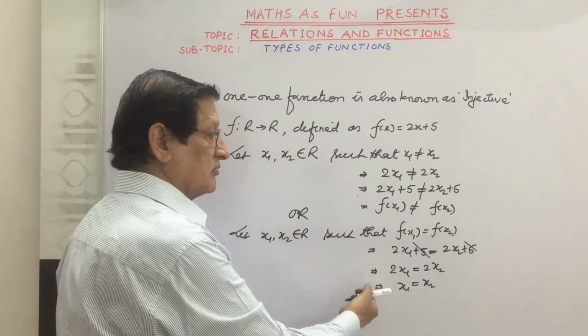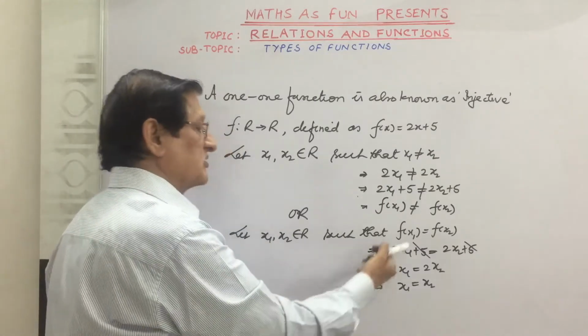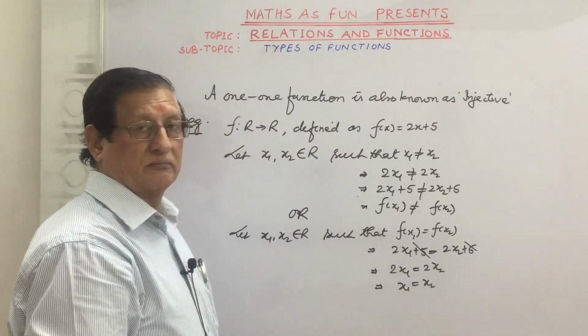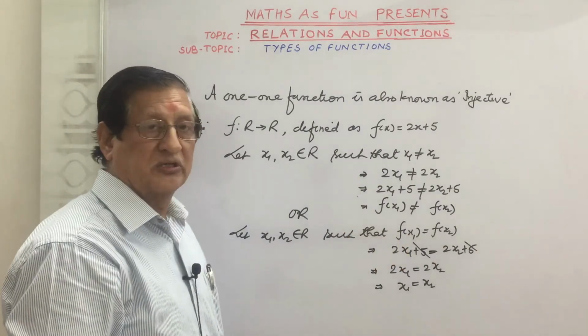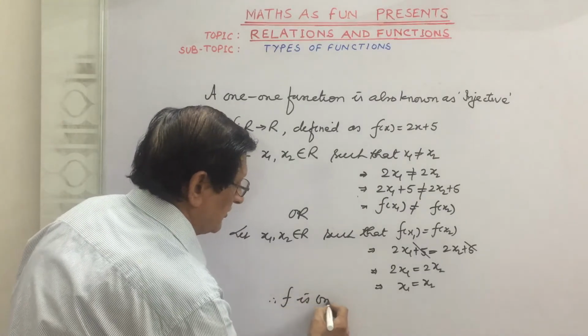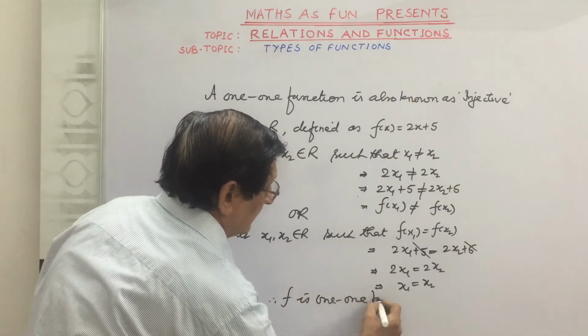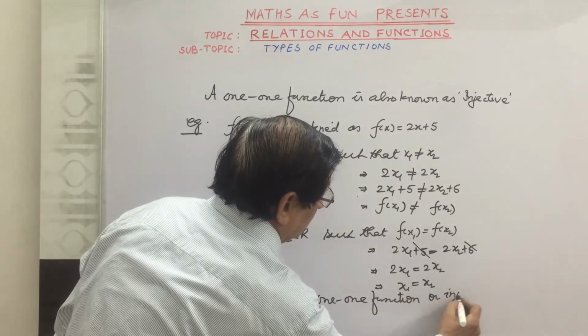It means the images of two elements being same means the elements are also same. It means for distinct elements the images are distinct. And therefore we can say f is one-one function or injective.